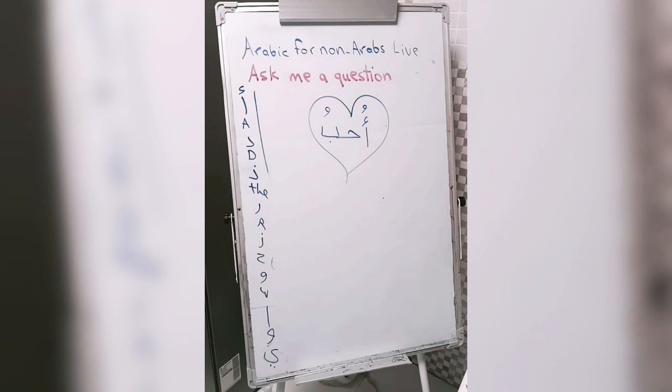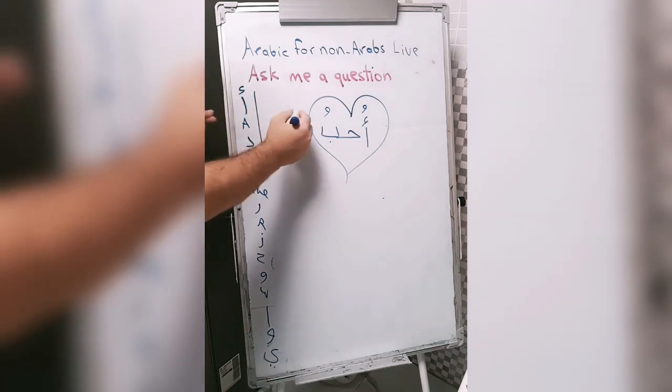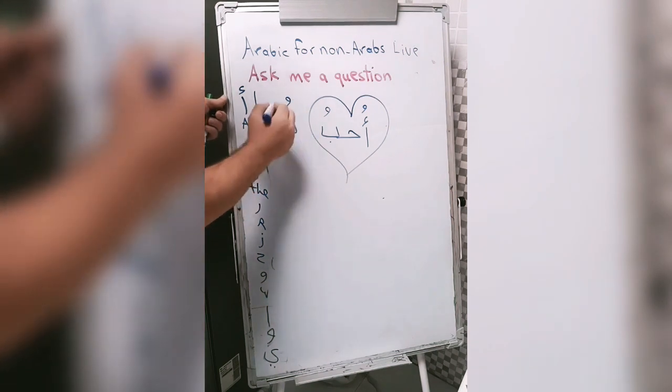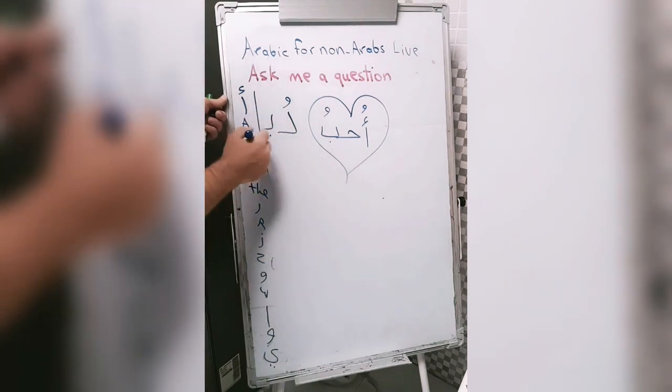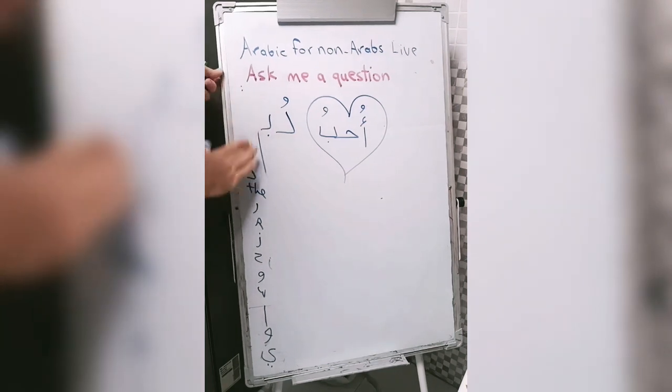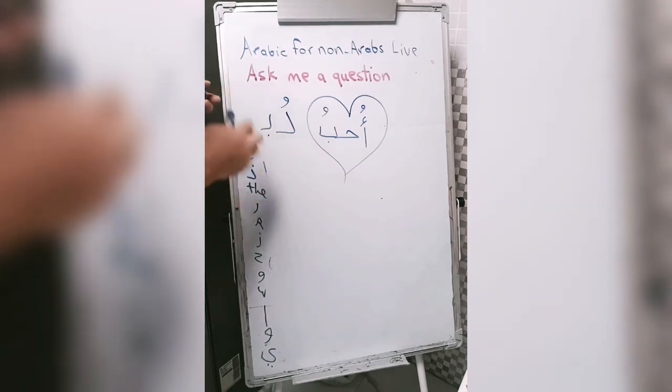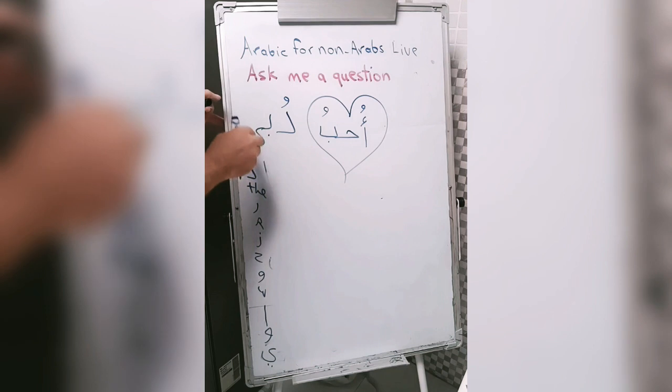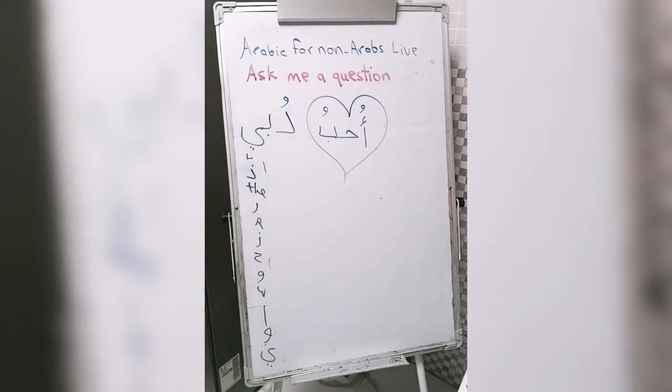For example, the word Dubai, look, letter da and letter ba, after chopping, it's going to join letter E at the end, and it's going to be Dubai. أحب Dubai, أنا أحب Dubai.